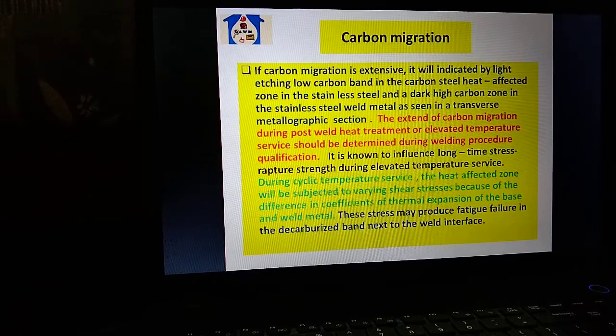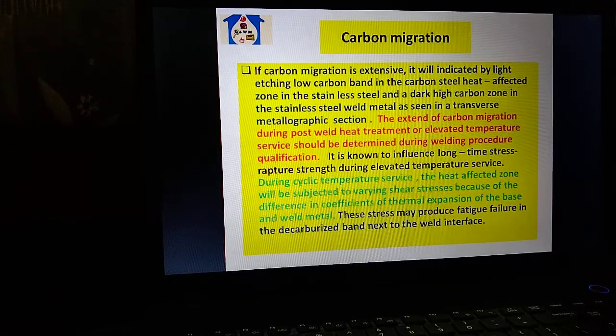The extent of carbon migration during post-weld heat treatment or elevated temperature service should be determined during welding procedure qualification. It is known to influence long-time stress rupture strength during elevated temperature service.